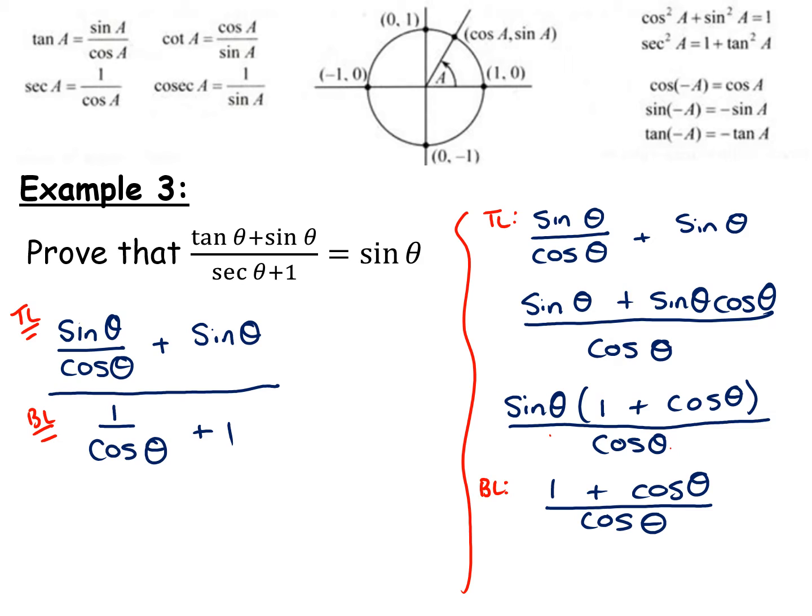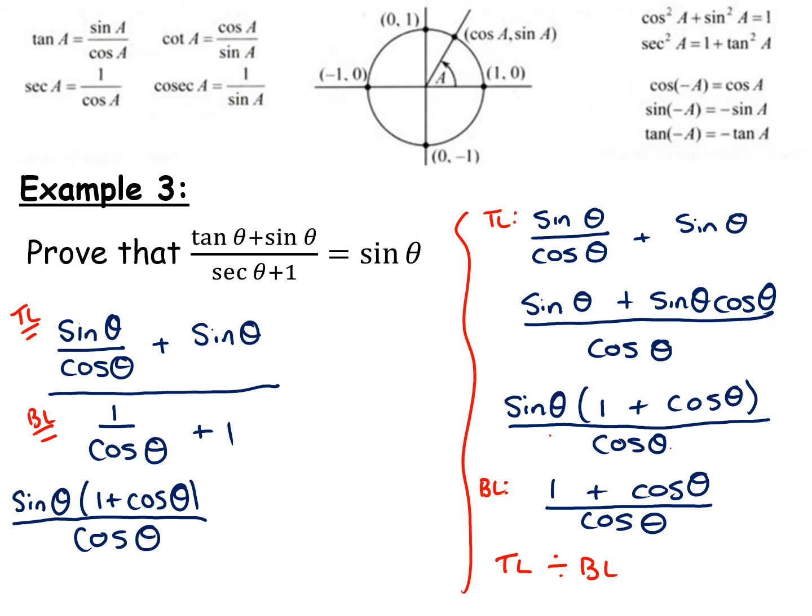Going back to working with your fractions, think to your algebra. Top line divided by bottom line. Instead of division, we multiply by the reciprocal. So what we actually get is our top line, which is sine of theta, 1 plus cos theta, all over cos of theta.